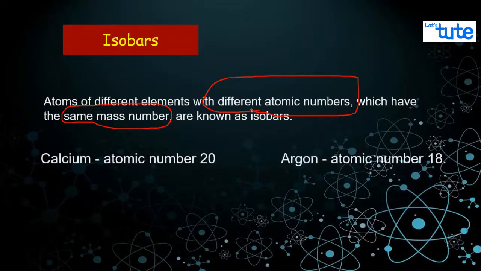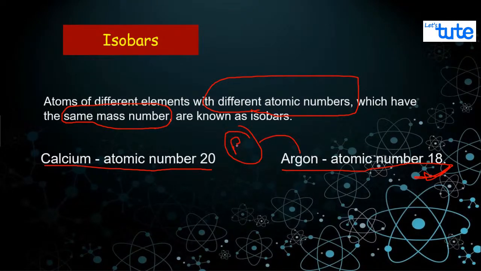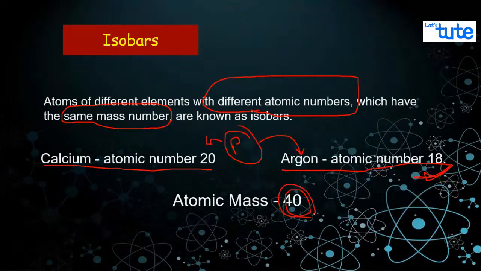We have one example here: the atomic number of calcium and the atomic number of argon. They have different atomic numbers, that is, a different number of protons, but they have the same atomic mass, which is 40.